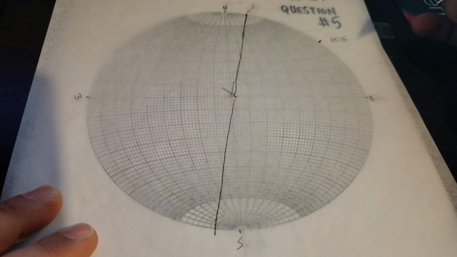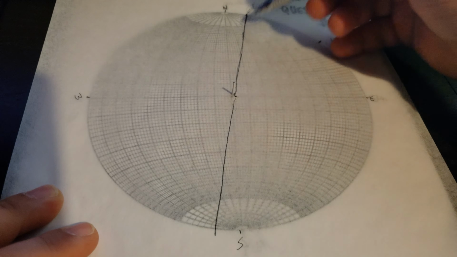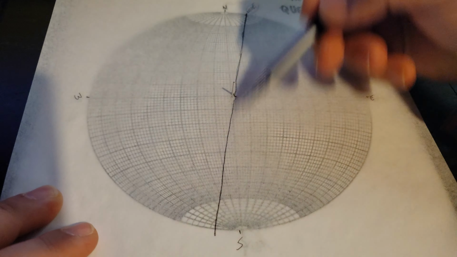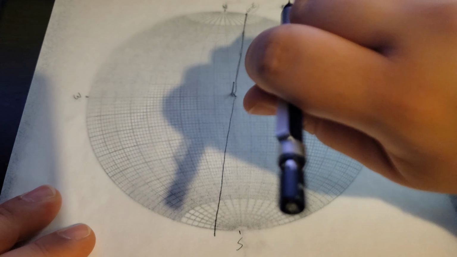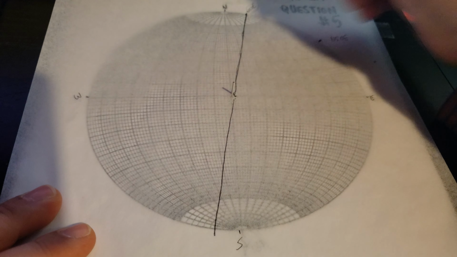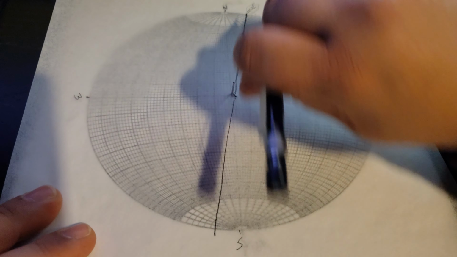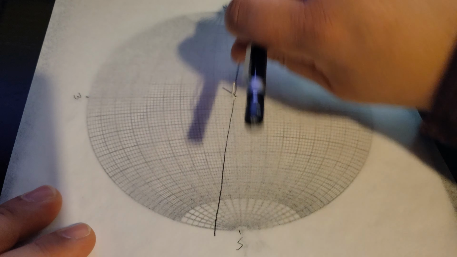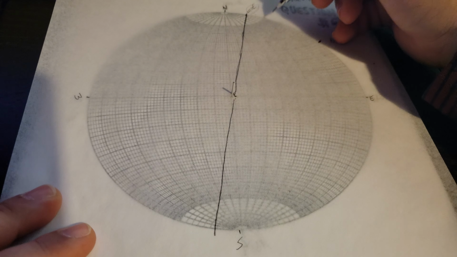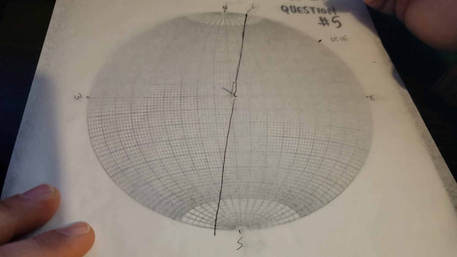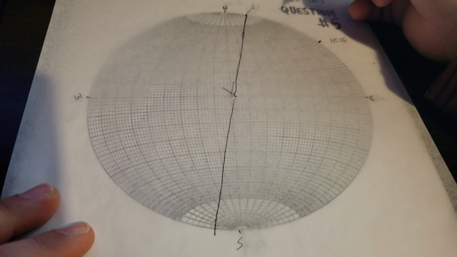And what else do we know? We know the apparent dip of this bedding plane in this direction, measured in this direction. So this is the direction of observation. We observe this layer in this north 10 east direction, and it appeared as a layer dipping at 30 degrees to the north.